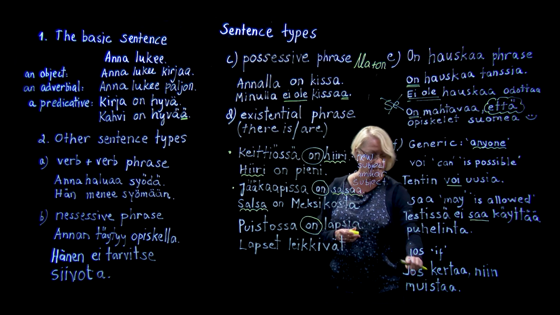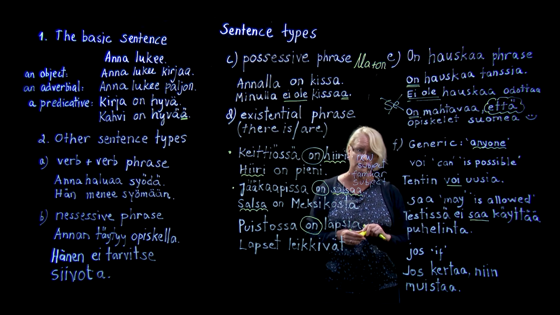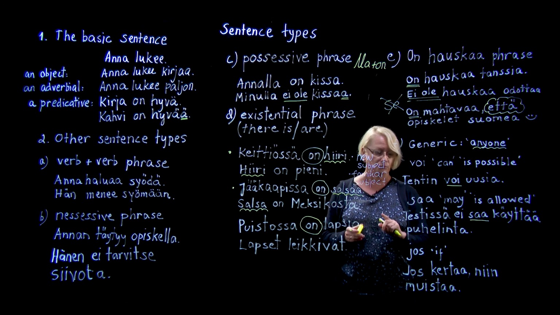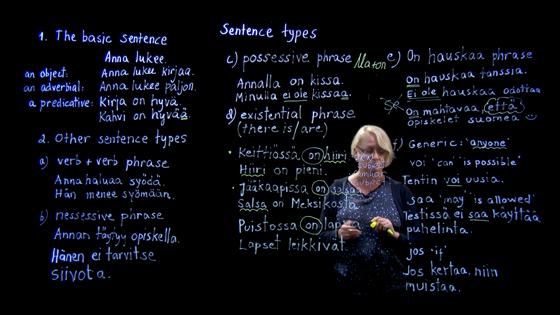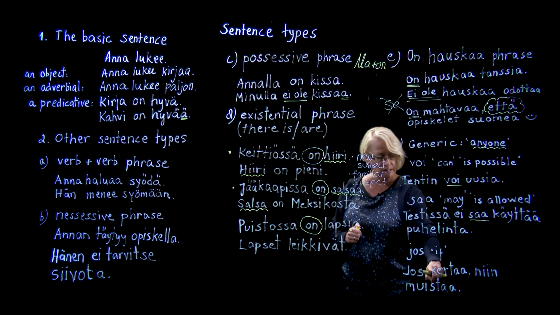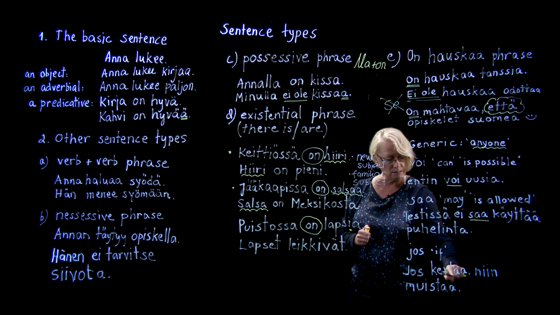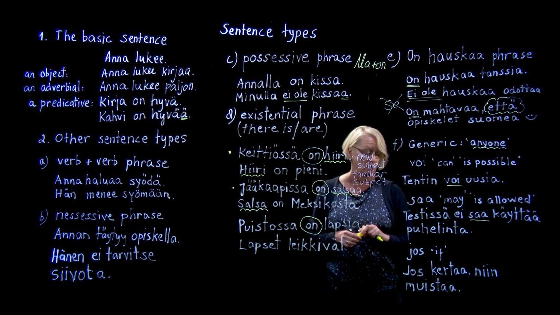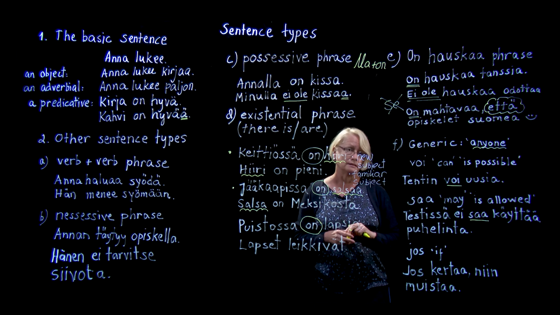Here is an example. Jos kertaa, niin muistaa. If you review, you will remember. And again, you see that the verb is in the third person singular form and there is no subject in this sentence.